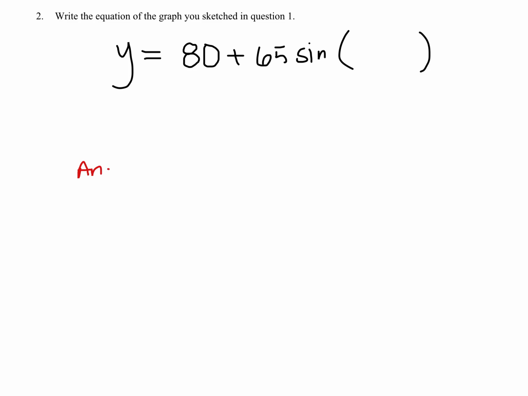If I want to write the equation, when we did it in 5.3, every single time we were calculating our heights, we were doing 80 plus 65 times the sine of some angle. The way that we found our angle was we found the angular speed, which was 360 degrees divided by 40, and then multiplied it by the time.